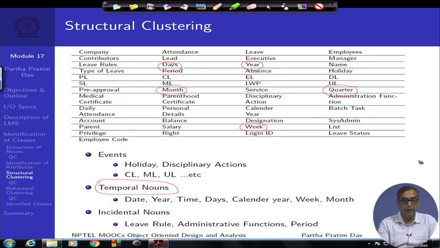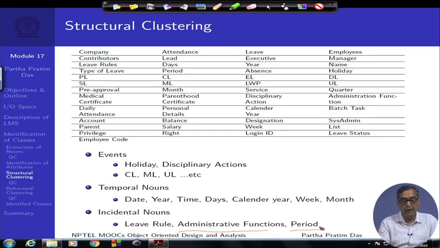So, there is a dominant presence for them, and we can easily identify that they are structurally similar, because all of them talk about time. So, we can say that these are temporal. Here I create a group which is the temporal nouns. Then there are a lot of incidental nouns like leave rules, administrative functions, period of time.